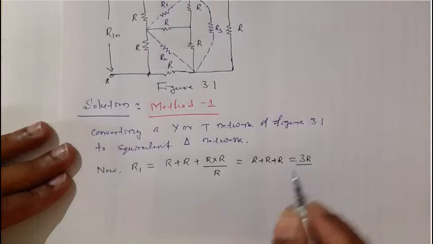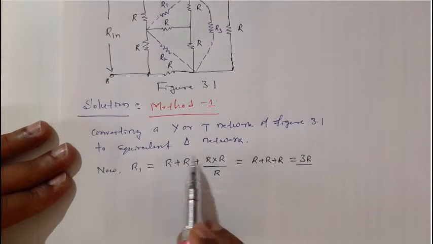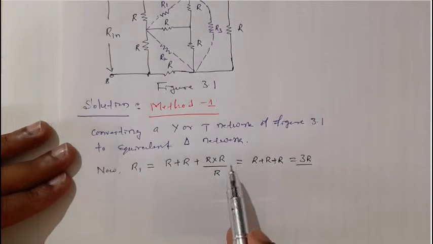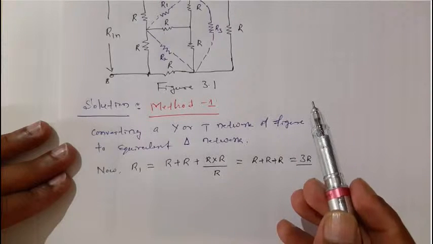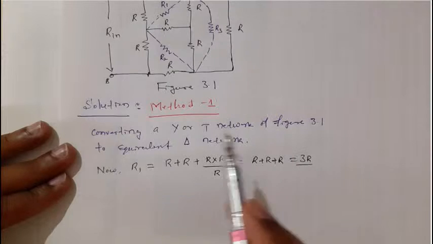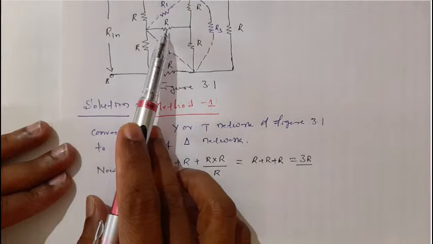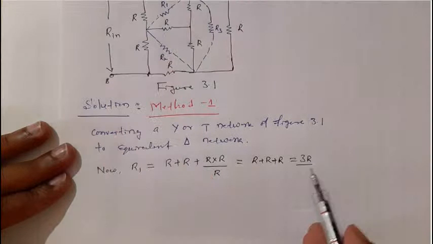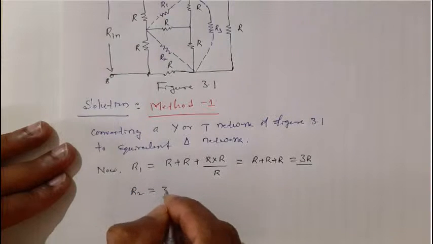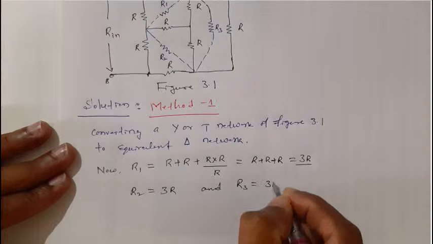Dear students, here you can understand one thing: if the value of all three resistors in a given T network are equal, then when we convert that to a delta network, that particular resistance will be 3 times greater than the resistance in a T or Y network, because in a T network the value of resistance is R, whereas in the delta network the value of resistance is 3R, right? Similarly for R2 also we will get 3R, and even if you calculate R3, that also will get 3R.